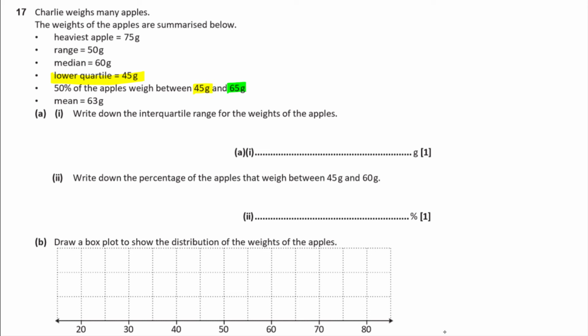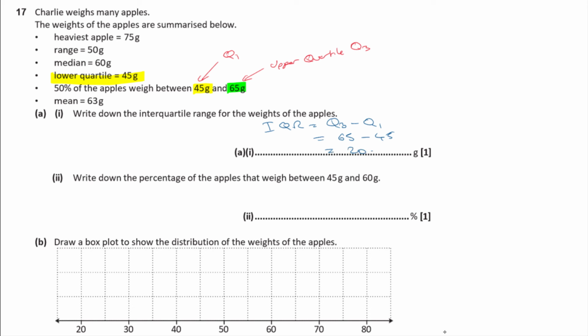So this 65 here must be the upper quartile, Q3, and that's Q1, the lower quartile. So the interquartile range is going to be Q3 minus Q1, which is 65 minus 45, which is 20.